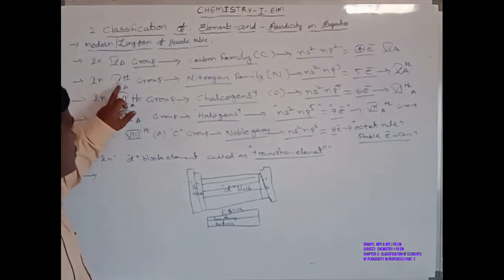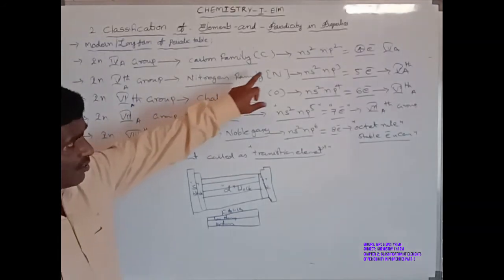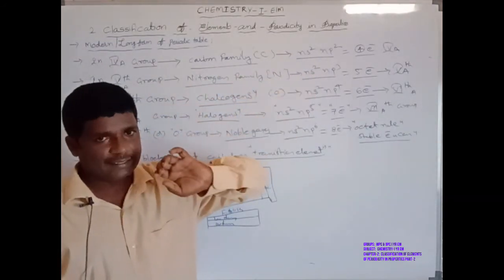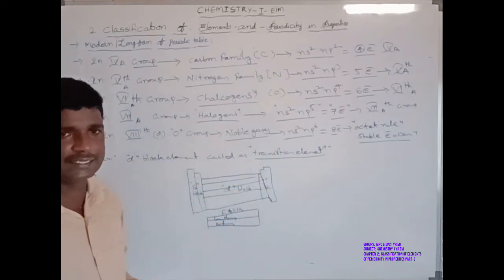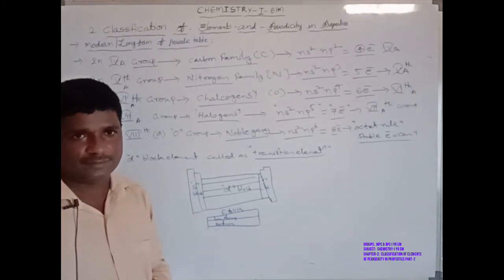Fifth A group elements are also called the nitrogen family, electron configuration ns2 np3. The outermost shell consists of only 5 electrons, so it is called the fifth A or nitrogen family.